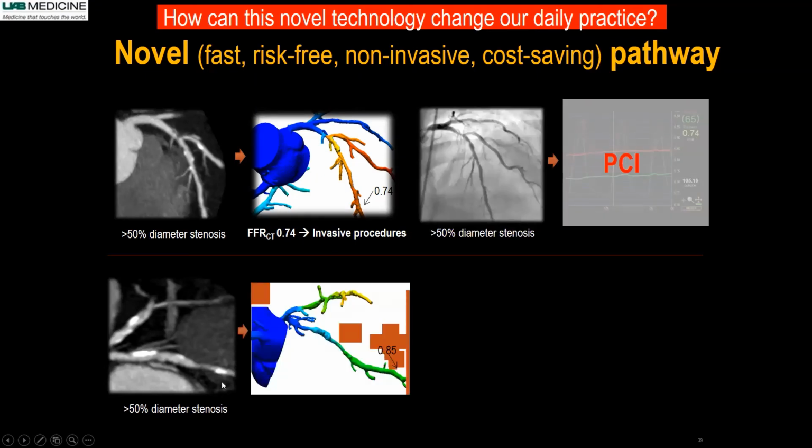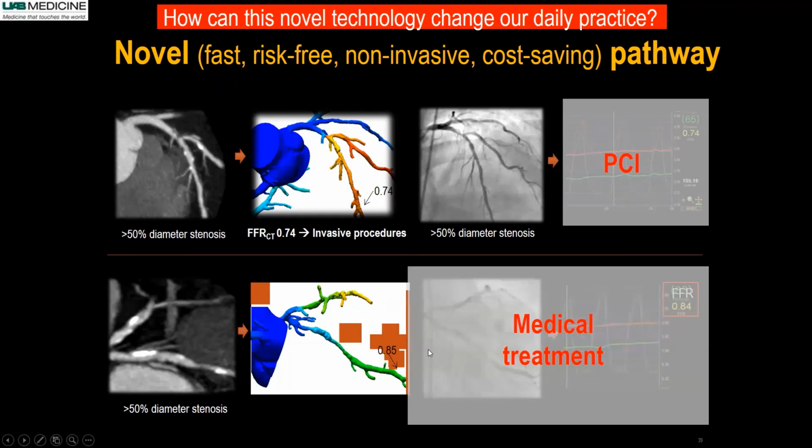Whereas if you do CT FFR in the other patient, the number is 0.85. This patient does not need intervention. So this can be treated with medical management. So I think in this way, CT FFR can be a kind of gatekeeper to allow appropriate patients to go for intervention and the others not to go for invasive FFR or PCI.